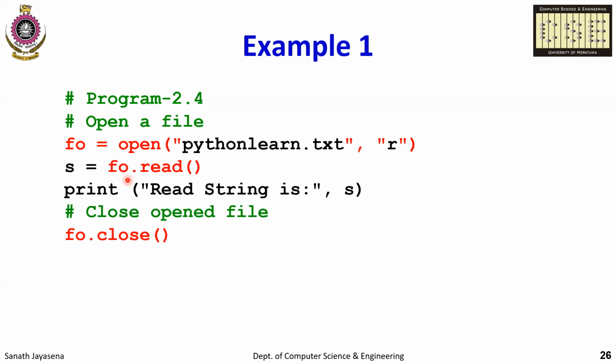Now, in the previous case, we performed the read operation, or we called the read method of the file object. We opened the file, the mode was read, right? So this R here indicates reading, and we perform the read.